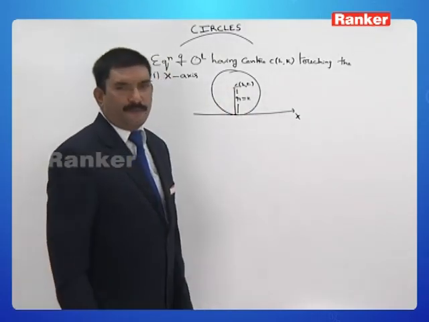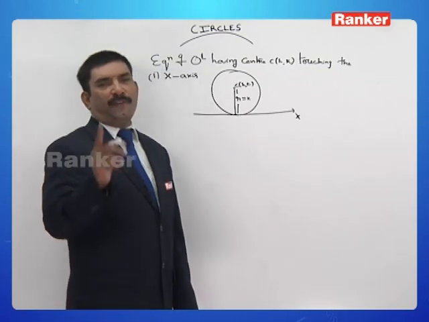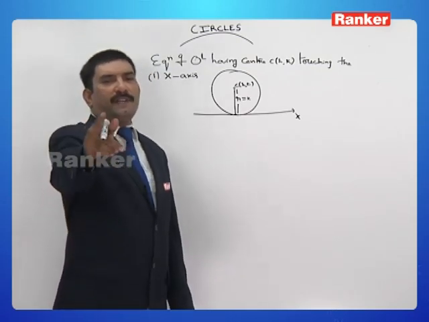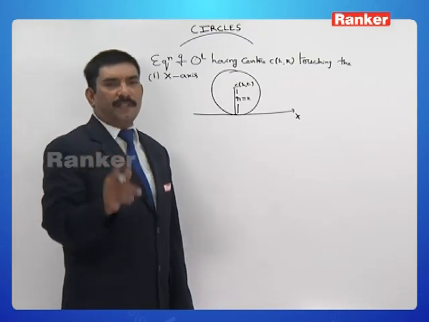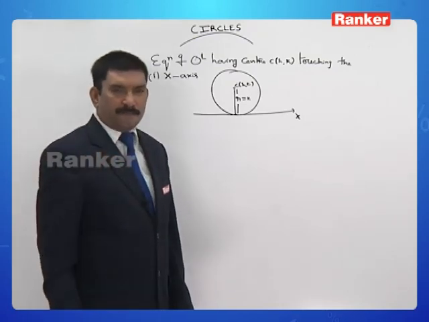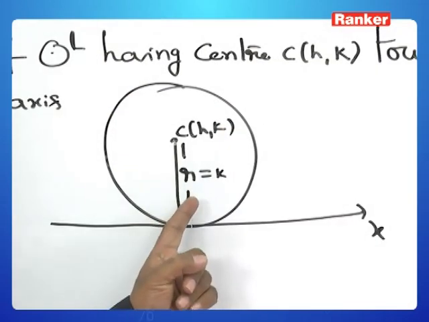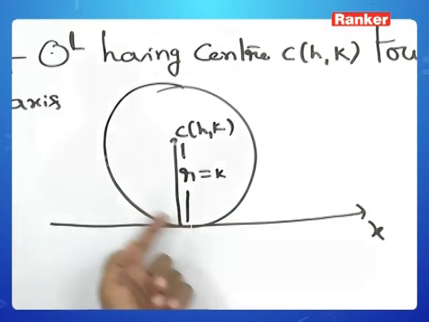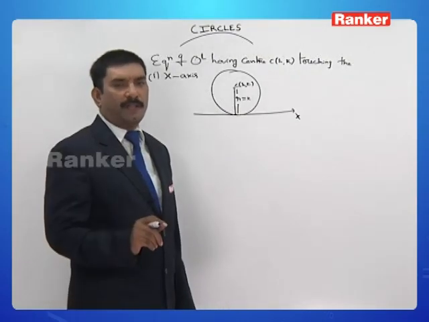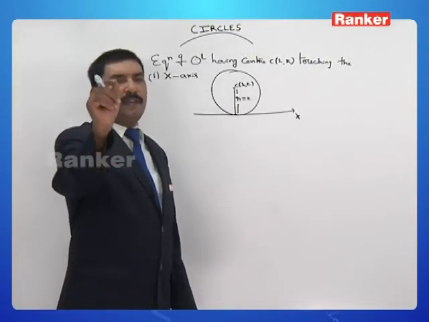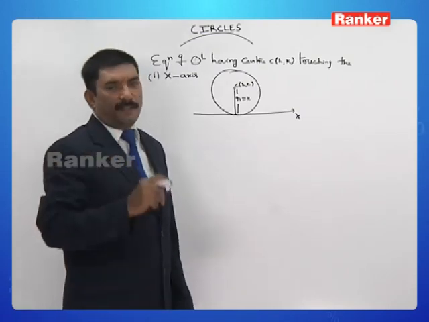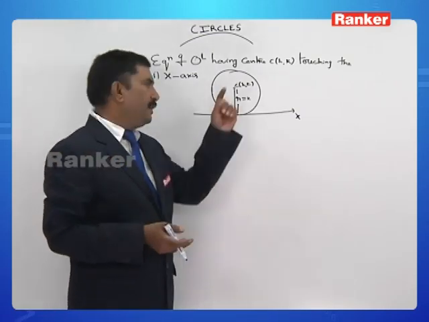What we observe is whenever any circle having center h comma k touches the x-axis, the y coordinate of the center is the radius. Why? To write an equation of any circle, you must have a center and a radius. The center is known.